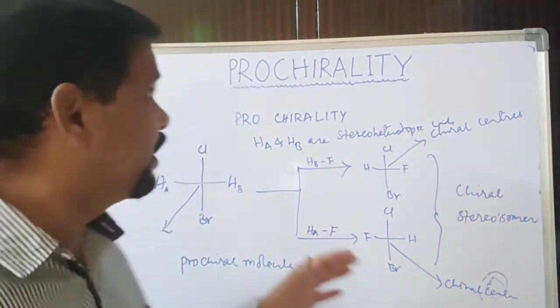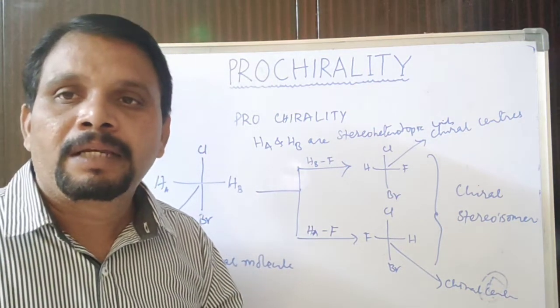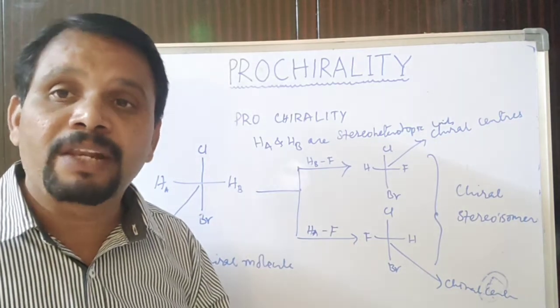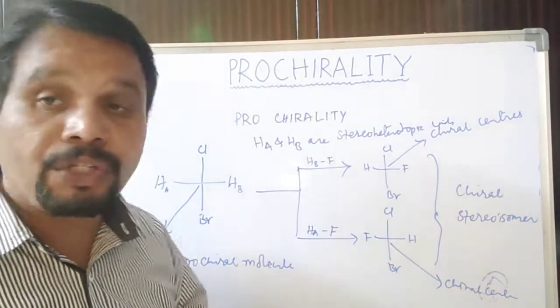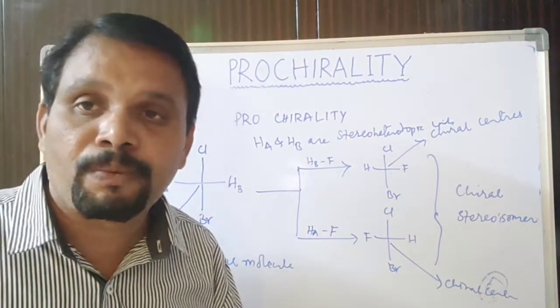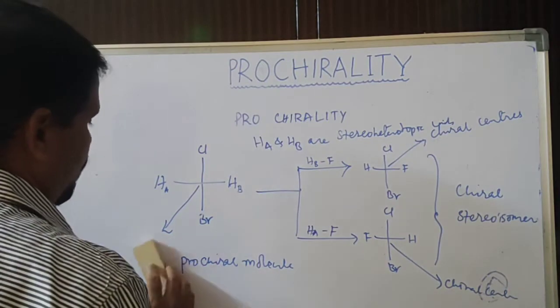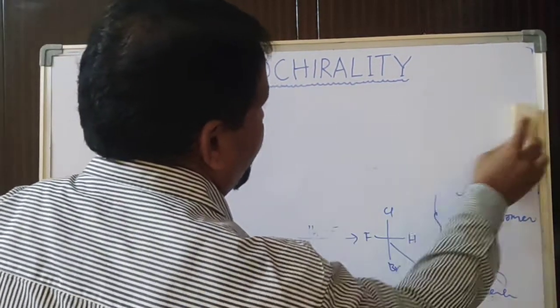So that is the definition of prochirality. Simply, in one step, by using stereoheterotopic units in that molecule, it generates chirality or chiral stereoisomers. That is known as prochirality.